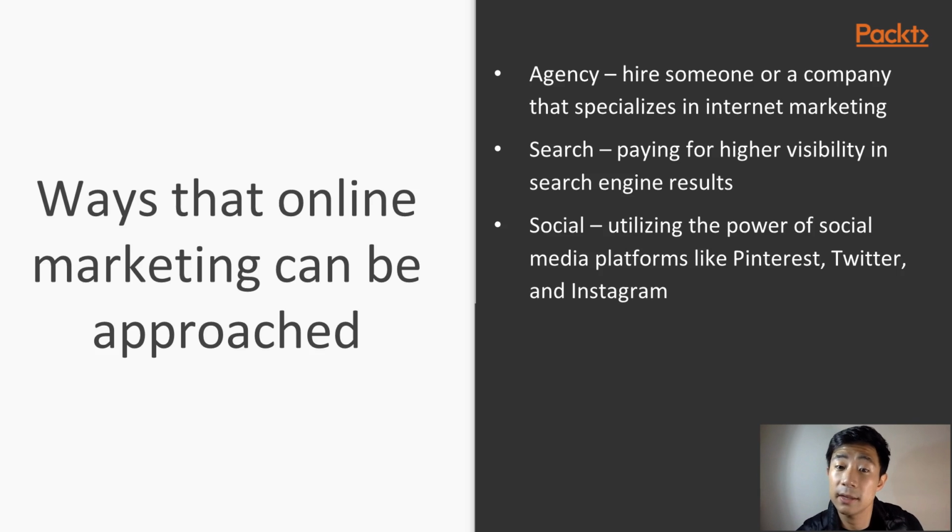And another thing you can do, now with really the prevalence of social media, is social marketing. It's really being able to use the power of social media platforms like Pinterest or Twitter or Instagram in order to get better visibility when it comes to these results. And you can certainly tap into different influencers, whatever your niche may be.